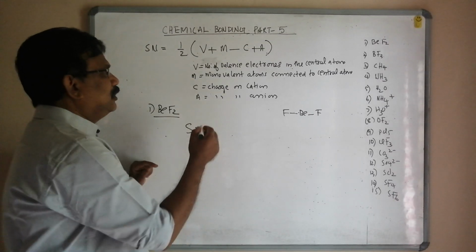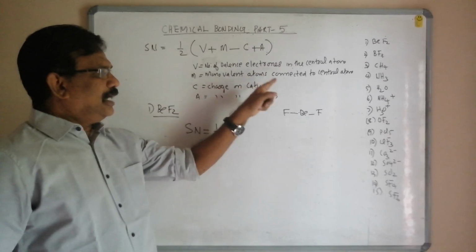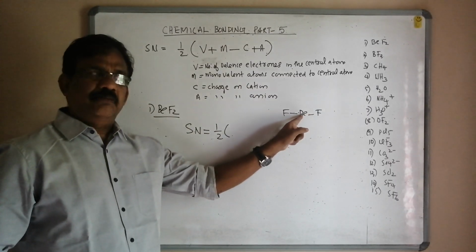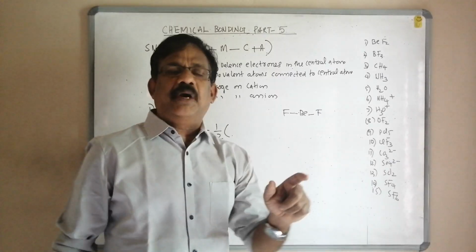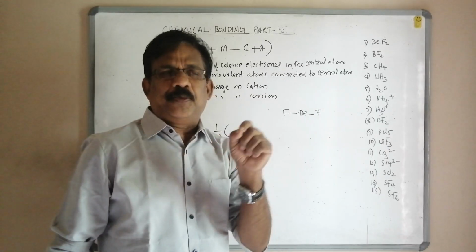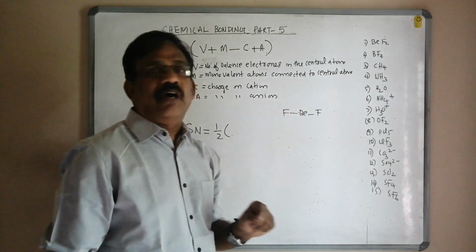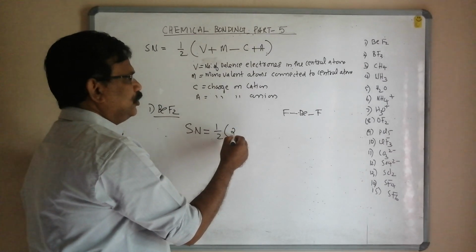So steric number is equal to half into the number of valence electrons in the central atom beryllium. Beryllium, magnesium, calcium, strontium, barium and radium belong to group 2. Group 2 elements possess 2 electrons in the valence shell. So number of valence electrons is 2.